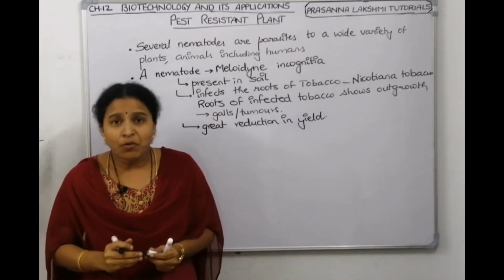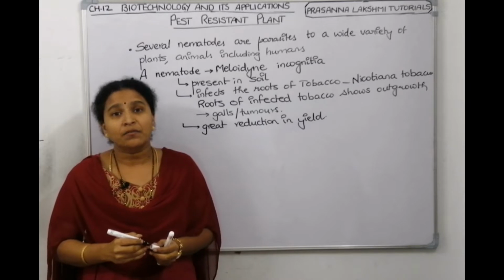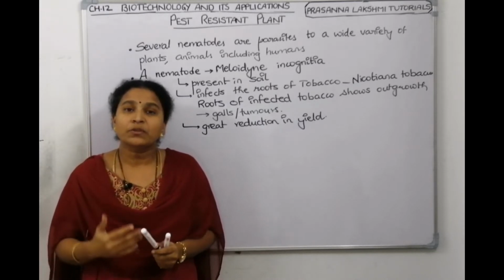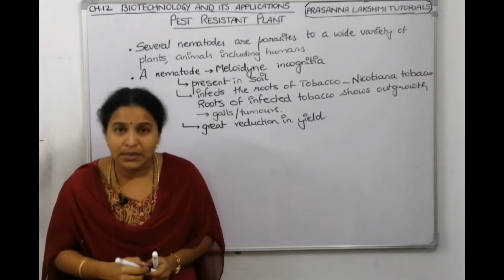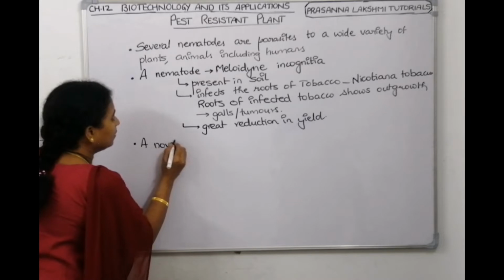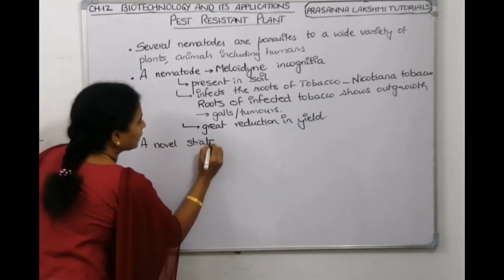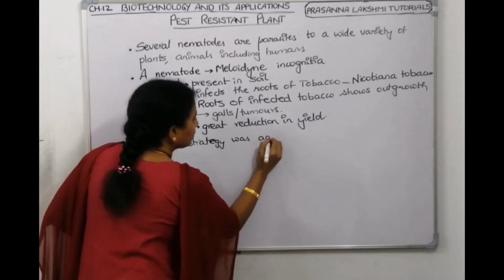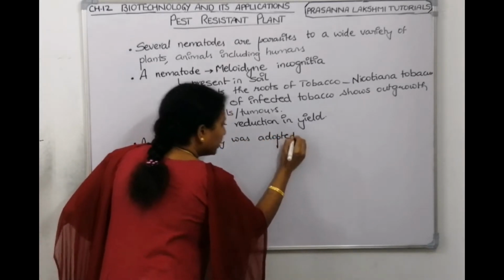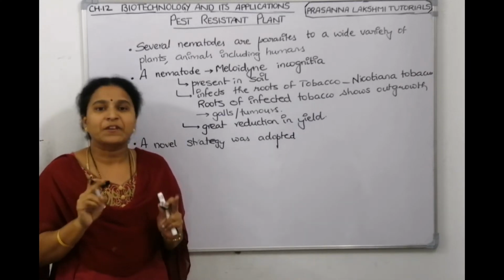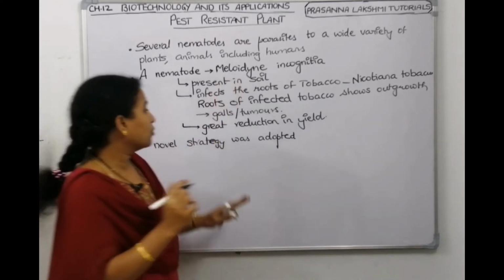So now we want to produce a tobacco plant which shows resistance against this nematode. We came out with a new technology; a novel strategy was adopted. NCERT says a novel strategy was adopted to prevent the infestation by the nematodes.